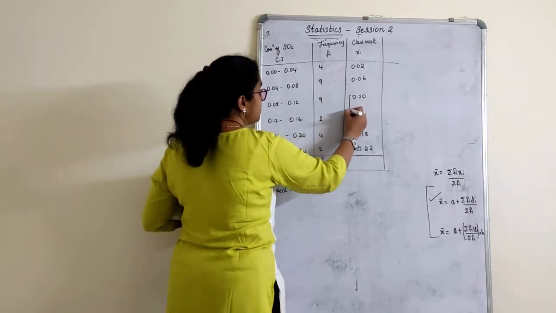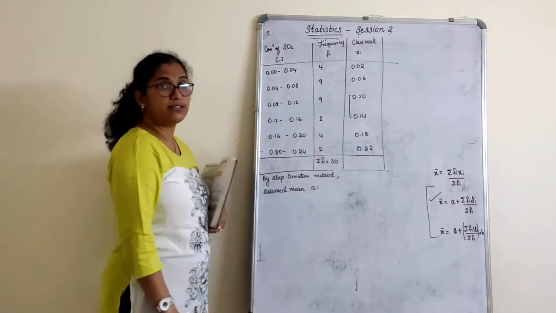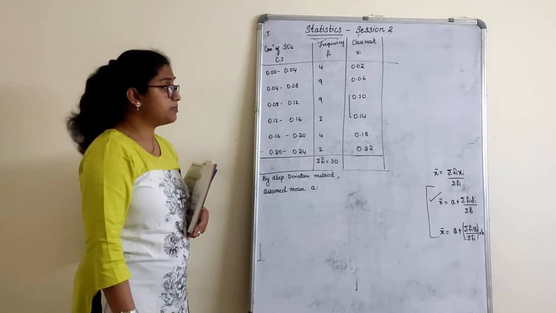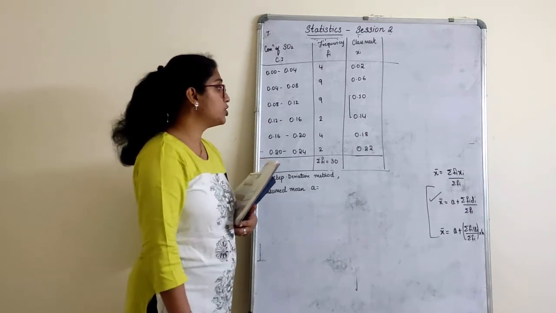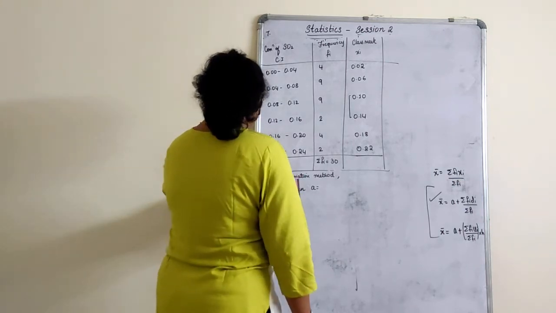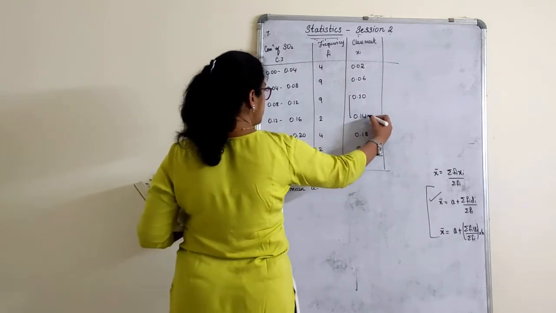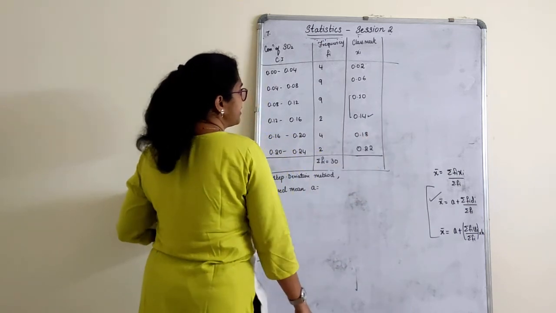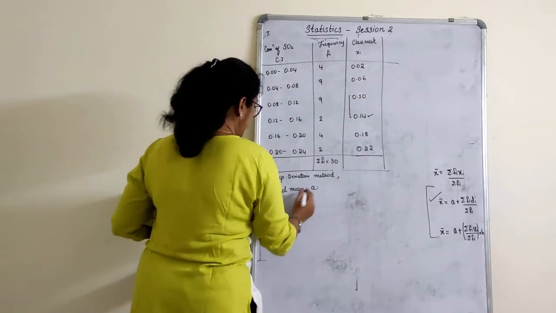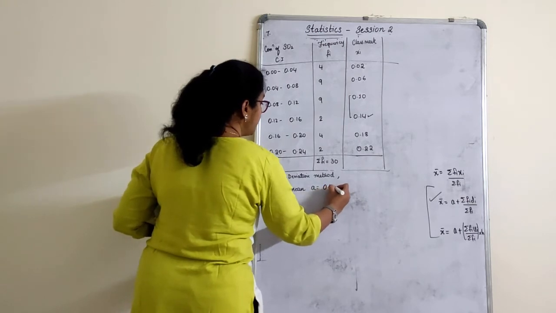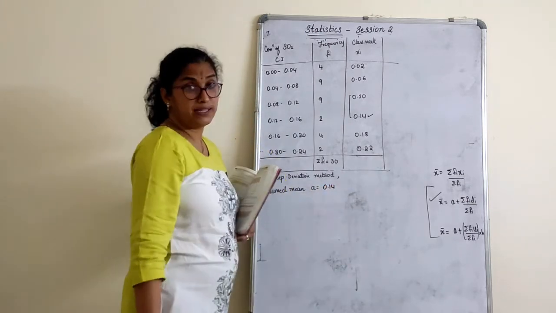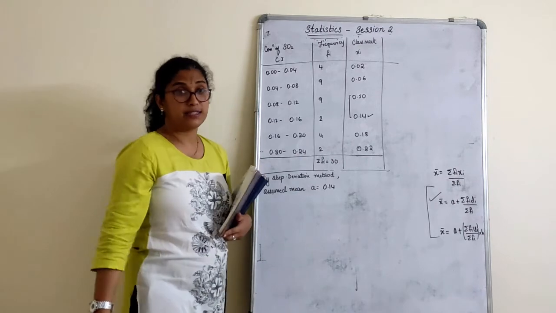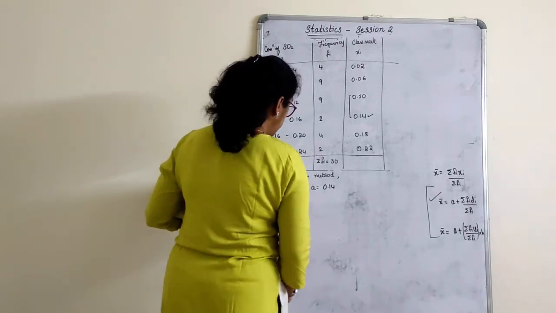These two will come in assumed mean. You choose whichever is best, 0.1 or 0.14. It is up to you. Both are fine. So 0.14 I will choose as assumed mean. If you want, you can try 0.1 as assumed mean and do. The answer will be absolutely right.